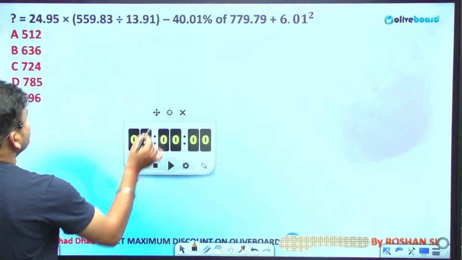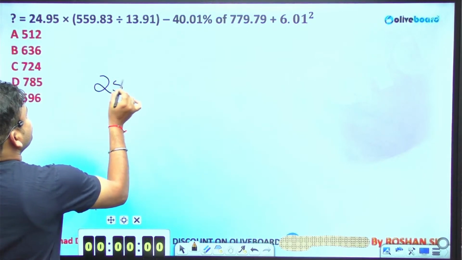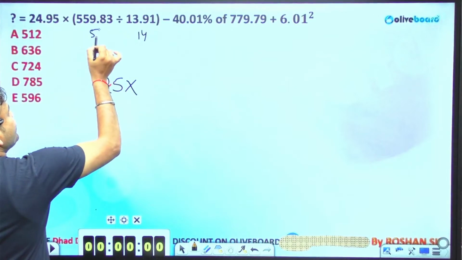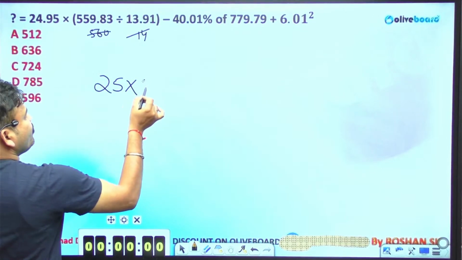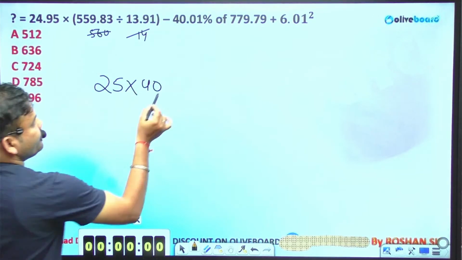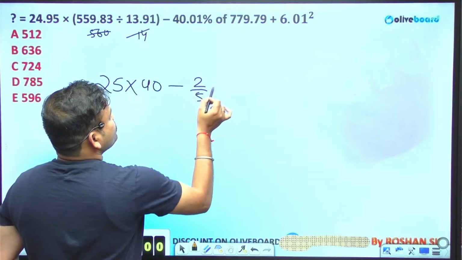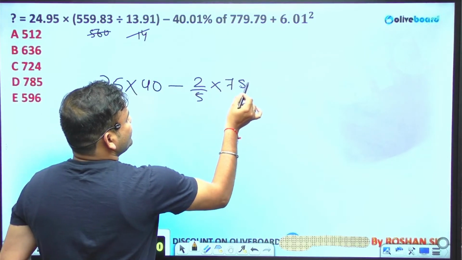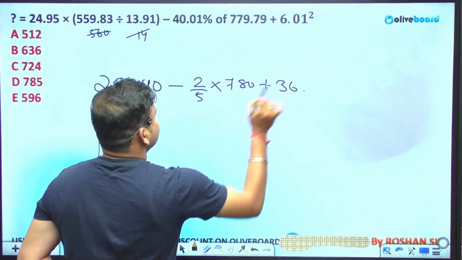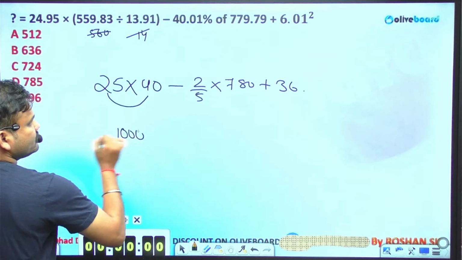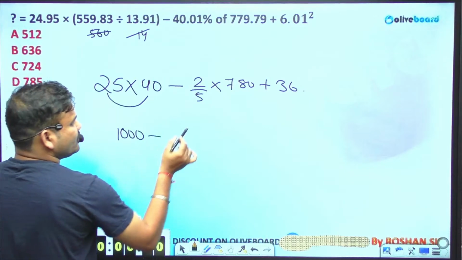Okay. So this is 25 times, this is almost 14 and this is almost 560. So 14 times 40 is 560, minus 40%, which is 2 by 5. So this can be written as 2 by 5 of 780 plus 36. Fine. This is 1000 minus 5 times what?